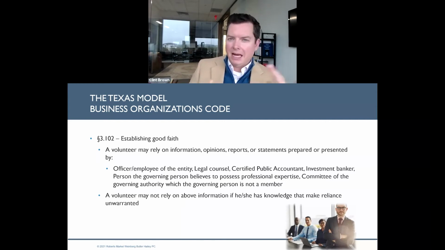Your attorney, me, I can be an expert. So if I'm giving legal advice, that can be considered expert advice. Your CPA, your investment banker, a person who you reasonably believe to possess professional expertise.